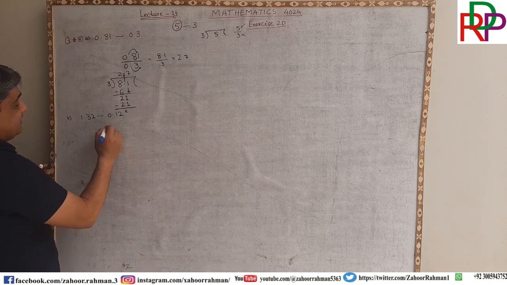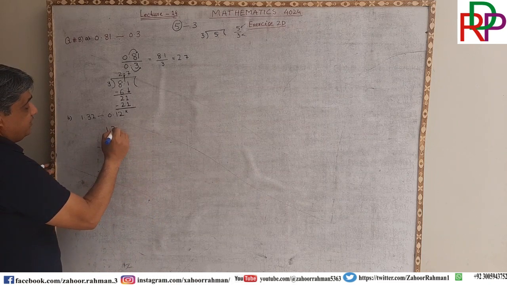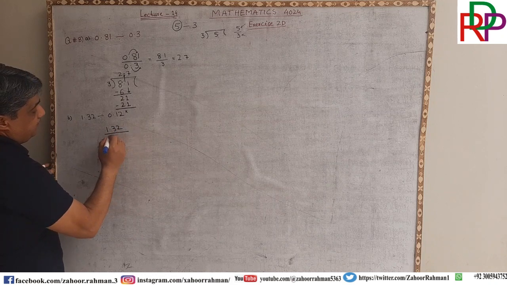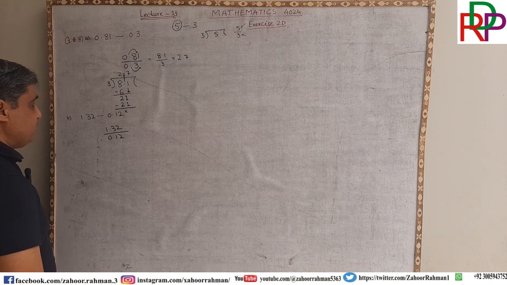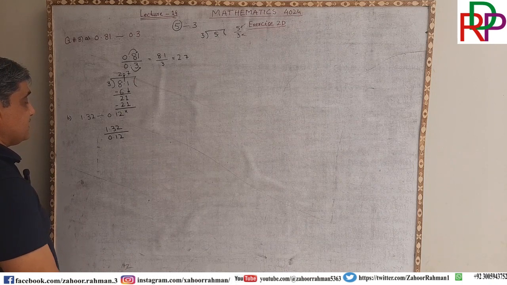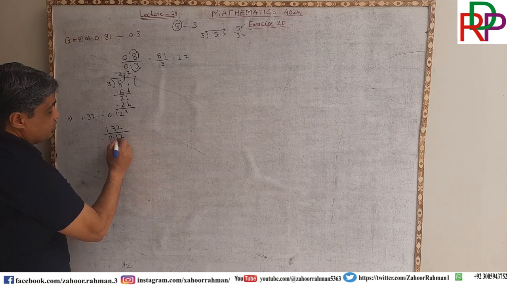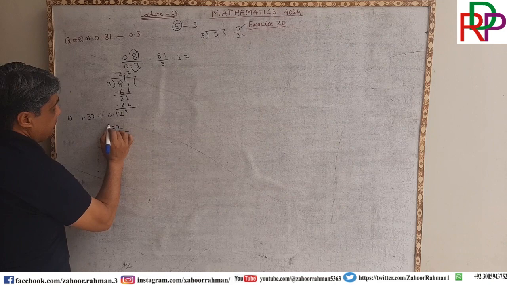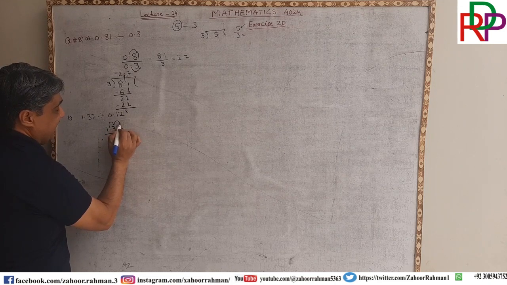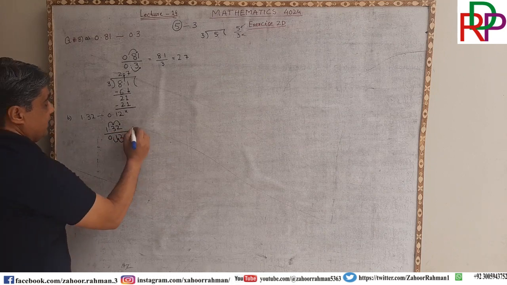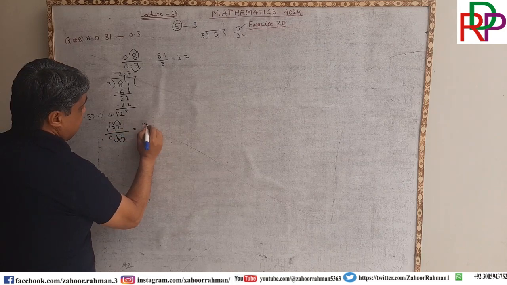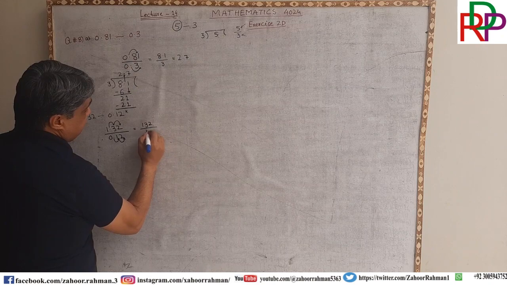So we can write this as 1.32 divided by 0.12. How many times do we move the decimal so that it becomes 12? One time and two times. Similarly, you have to move the decimal in the numerator that many times as well. So we can write this as 132 divided by 12.